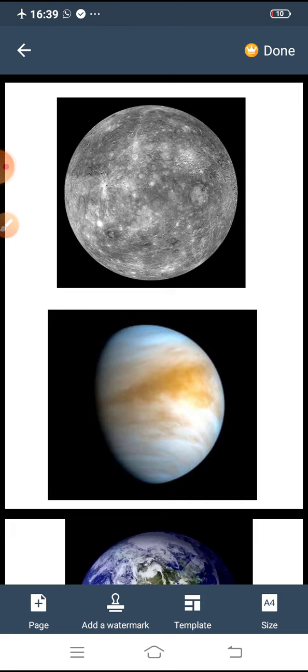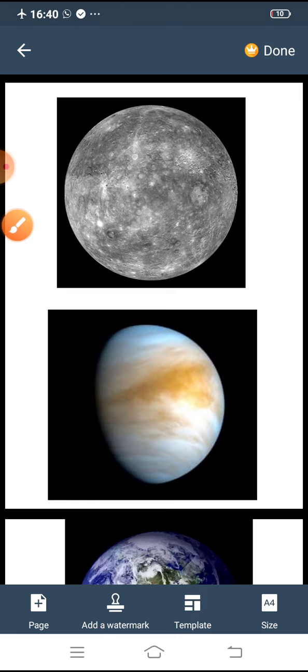It is a bright planet in the night sky and hence is often referred to as the morning or evening star. Venus rotates around its own axis in 245 days in a clockwise direction.